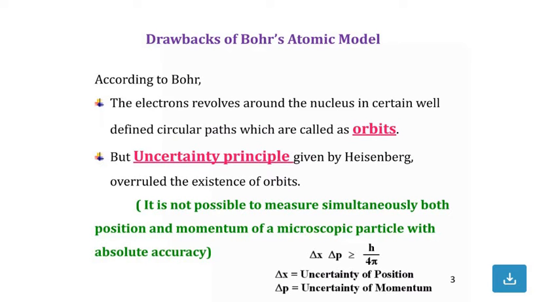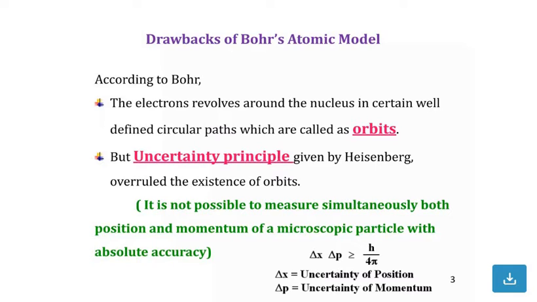So what are the drawbacks of Bohr's atomic model? According to Bohr, the electrons revolve around the nucleus in certain well-defined circular paths, which are called orbits.